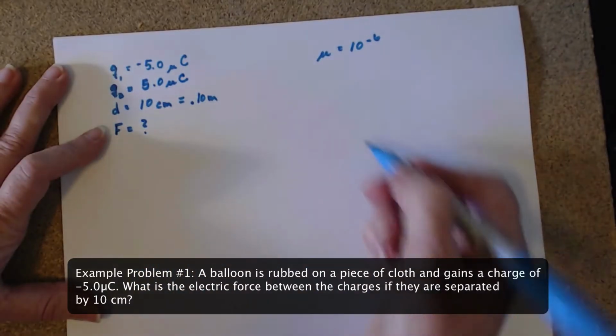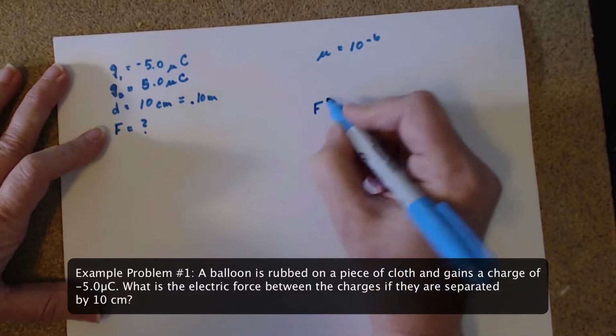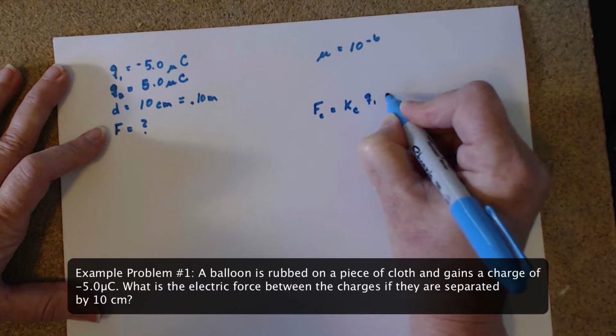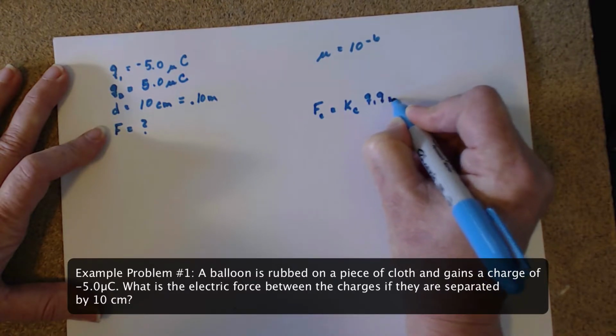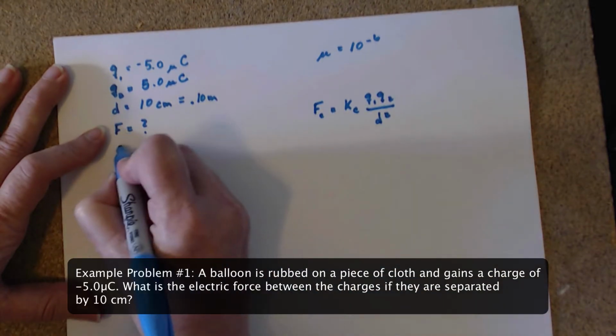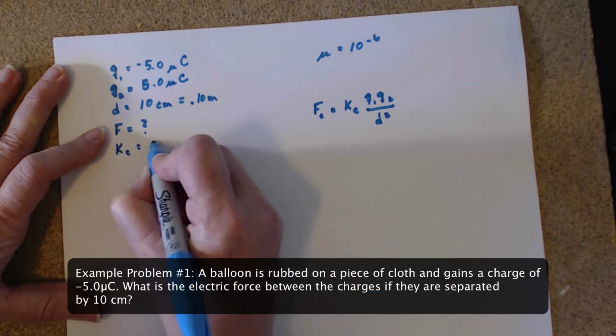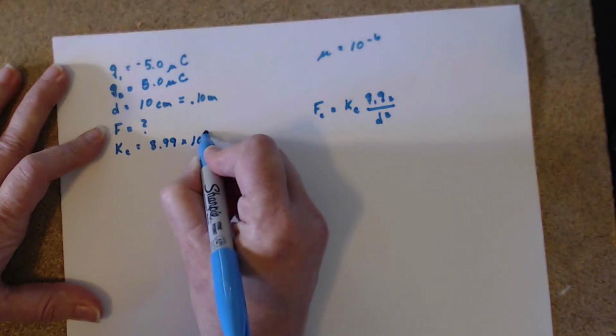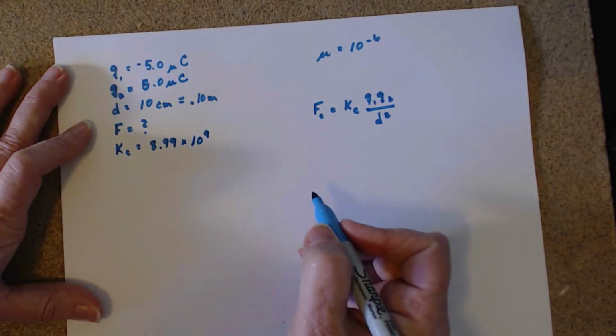Our formula for electrical force is Coulomb's constant times the charge of the first one times the charge of the second, divided by the distance squared. Coulomb's constant is 8.99 times 10 to the 9th. So let's insert our values here.